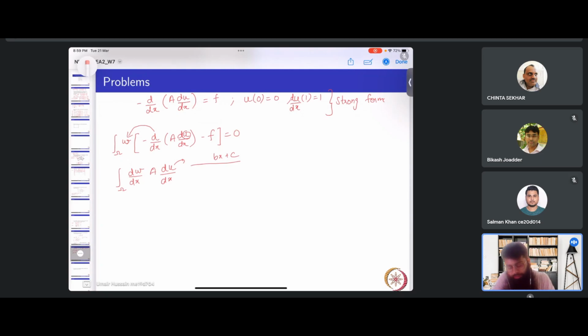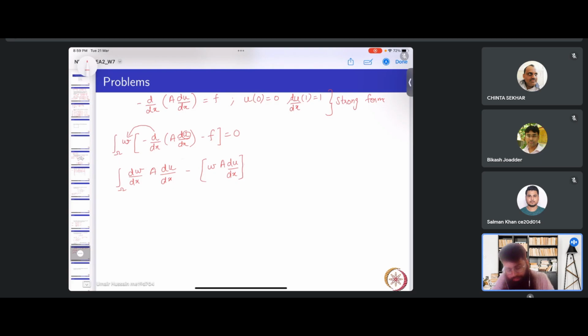Plus, there's one more thing. When you write the weak form, you also get a boundary integral term. I'll write it in terms of 1D.